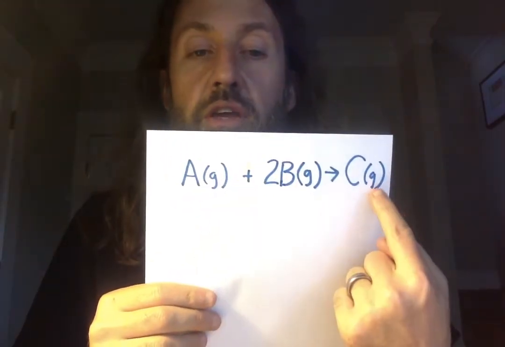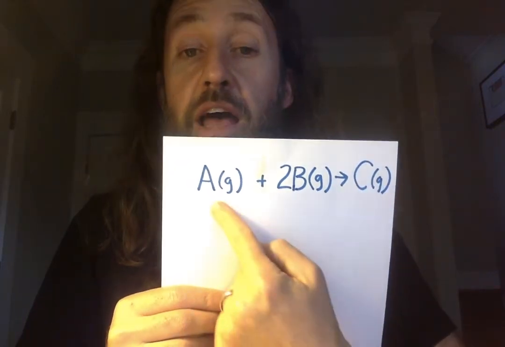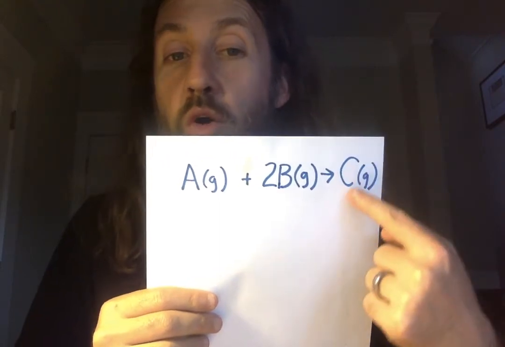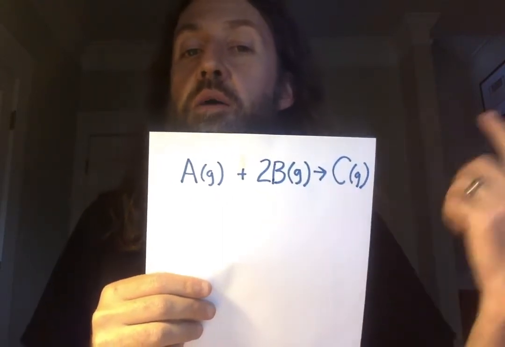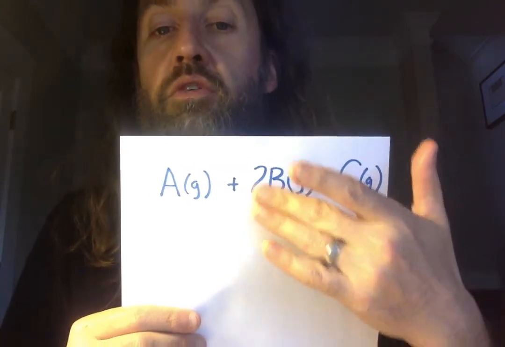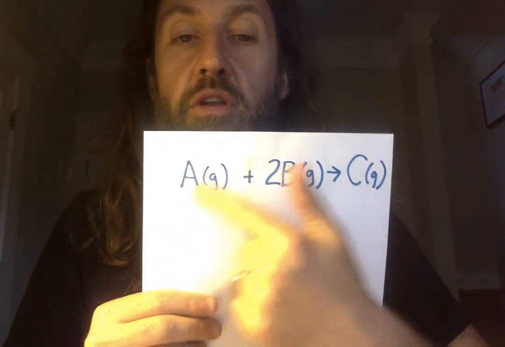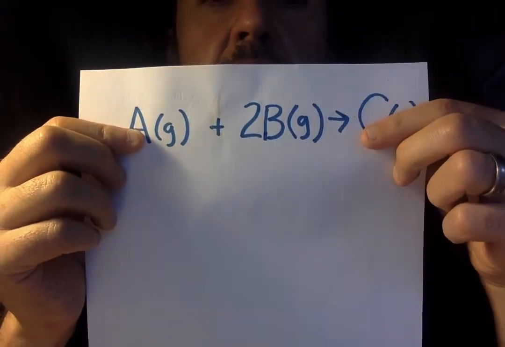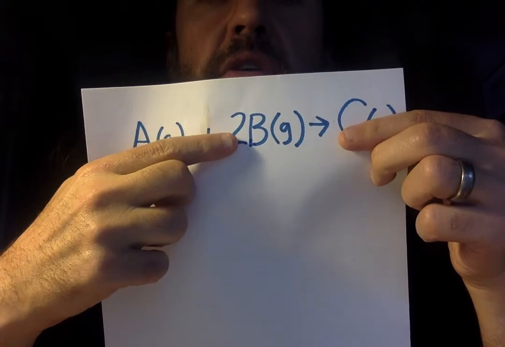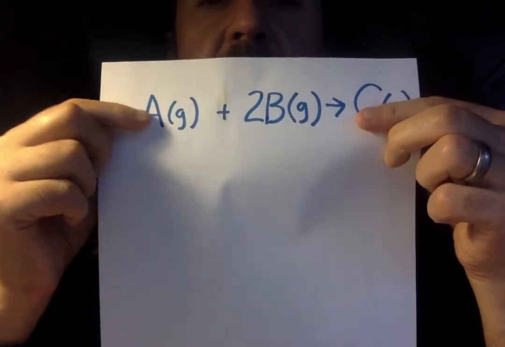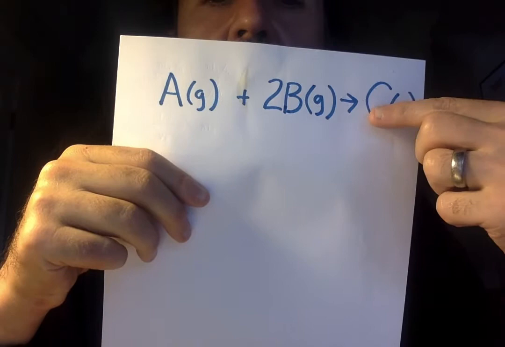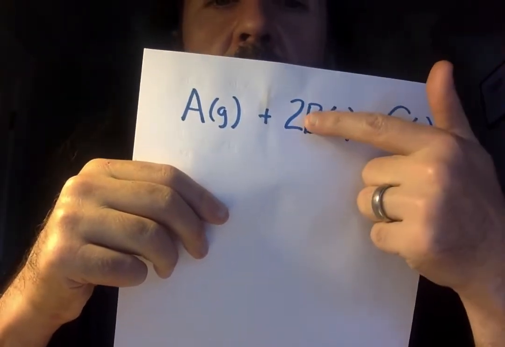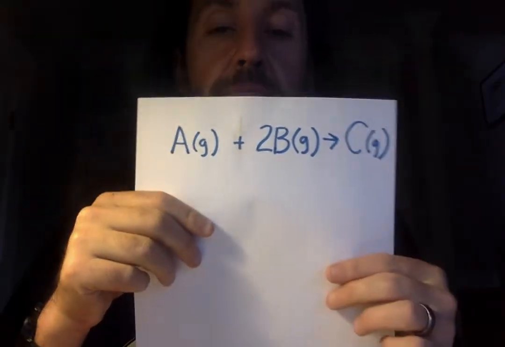Whereas the rate of appearance of C should be exactly the same as the rate of appearance of A, but only 1/2 of that of B, because B is disappearing twice as fast as A. You see you got a 1 here, coefficient, a 1 here. So the A and C rates are going to be the same, and B is going to disappear twice as fast as A, and C is only going to appear half as fast as the B disappears because B is double, okay?